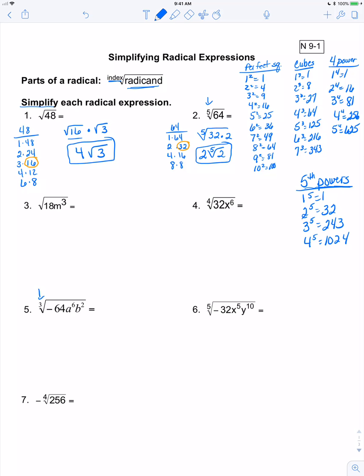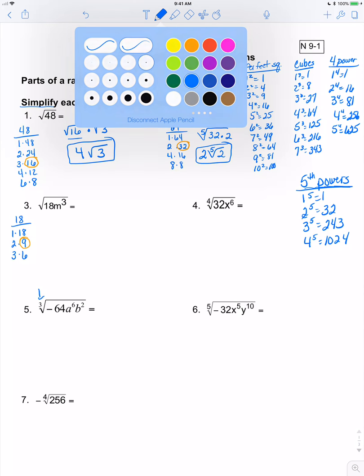Okay, so now we're back to a square root. Remember, if there's no number in that index, it's automatically a square root. So let's think about our factors of 18, and we're looking for any of those perfect square numbers that we wrote on the side. So 1 times 18, 2 times 9, and 3 times 6. Well, the only one that's a perfect square is 9.